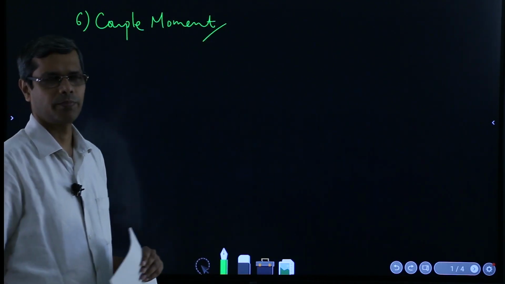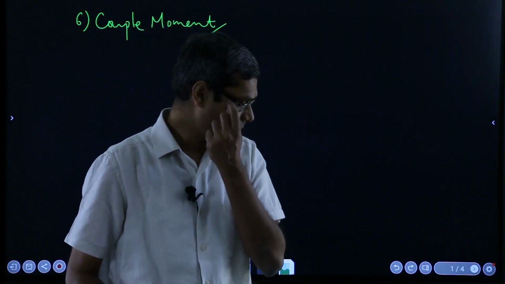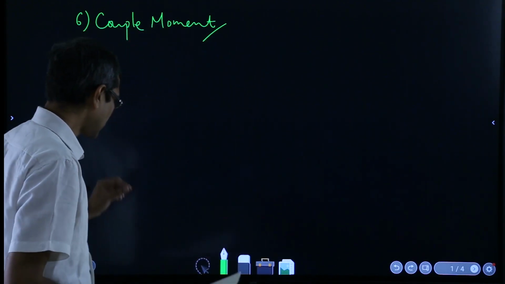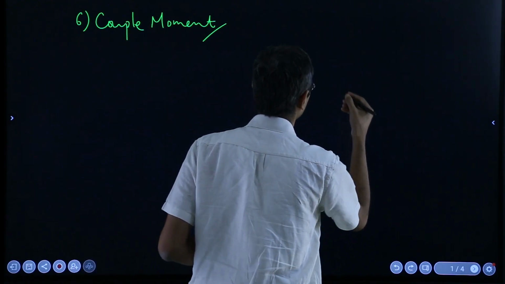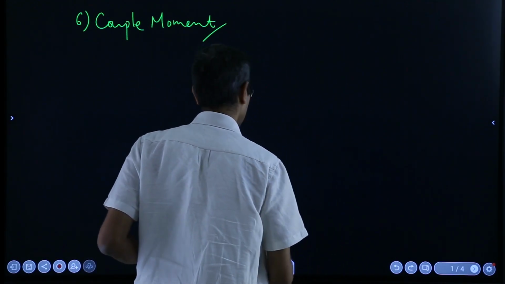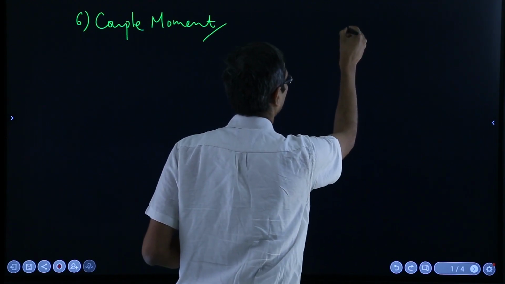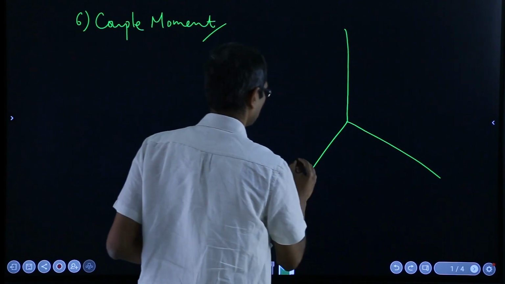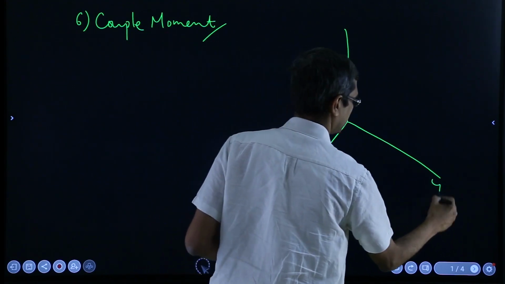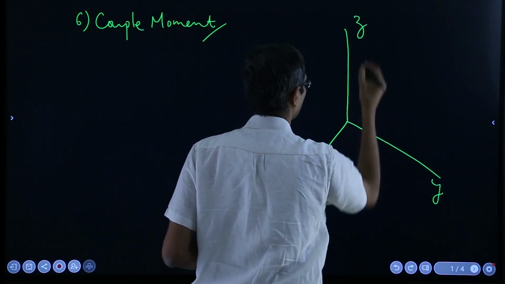So, couple moment. Now, what is that? In order to understand this, suppose I draw a set of axes like that. Say this is x, y and z.